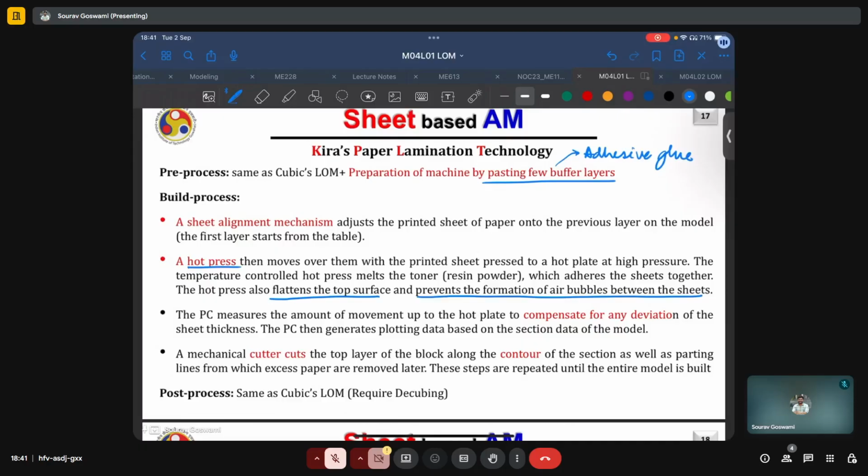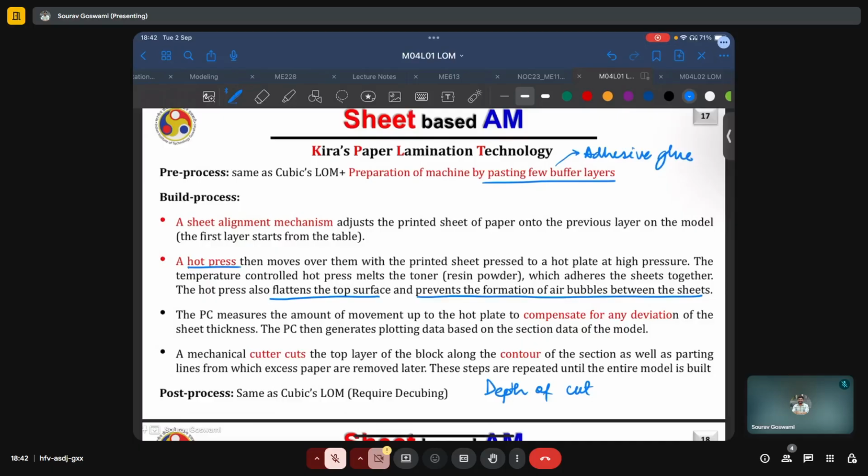Since in this case we are using a mechanical cutter and also a bond and then form approach, we must be very careful of the depth of cut that we are taking, because the pre-built layers are also existing below the layer which is currently being built. If the depth of cut is too high, then we risk damaging those layers which are already built.